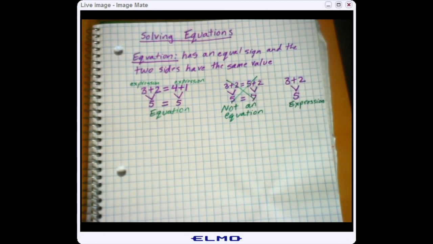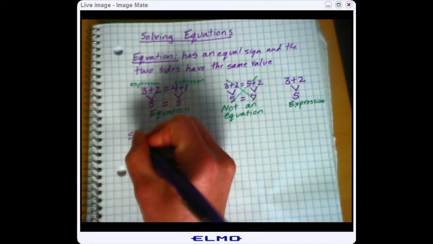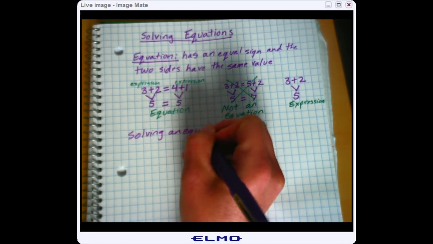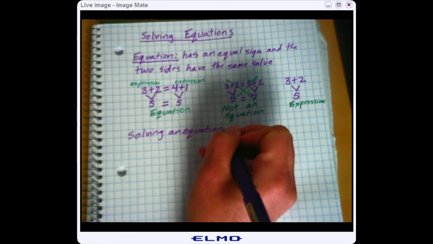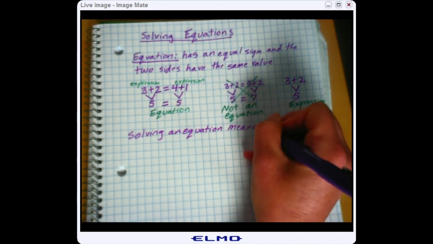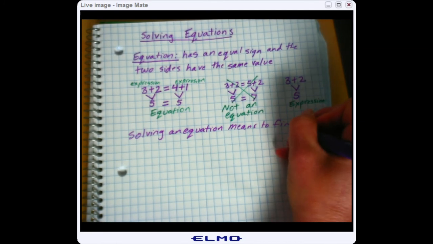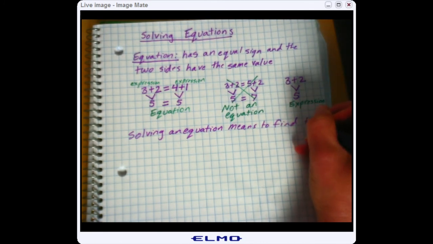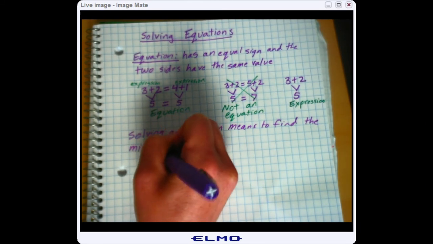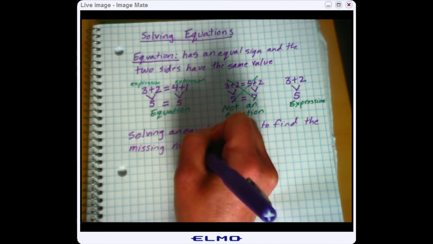Okay, so when we talk about solving an equation, that means to find the missing numbers. And it could be one number or it could be many numbers.